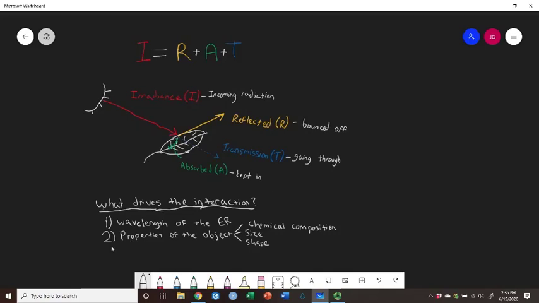And then the third thing that drives these interactions is actually the angle of interaction.